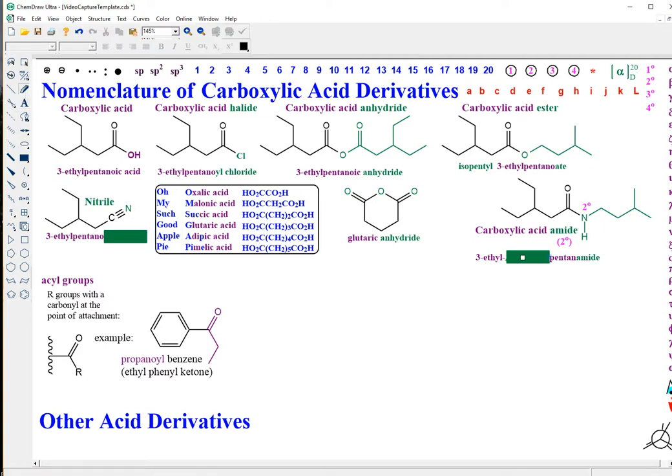The answer is you put an italicized N in front of isopentyl. If there were more groups on nitrogen, they would just be listed alphabetically with their own italicized N in front. Recall, this is a secondary amide because the nitrogen has 2 bonds to carbon. And I did not mean to erase the nitrogen.